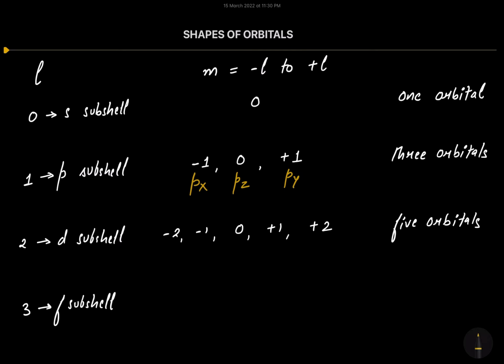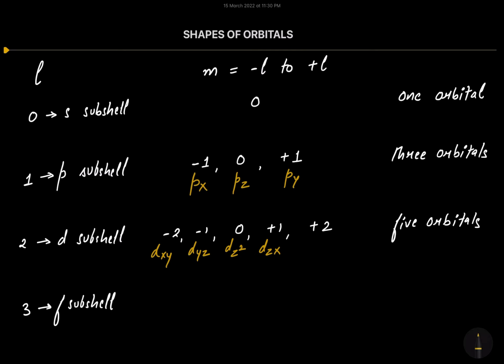Now in case of d subshell, the minus 2 value stands for dxy. Minus 1 stands for dyz. 0 stands for dz square. Plus 1 stands for dzx.